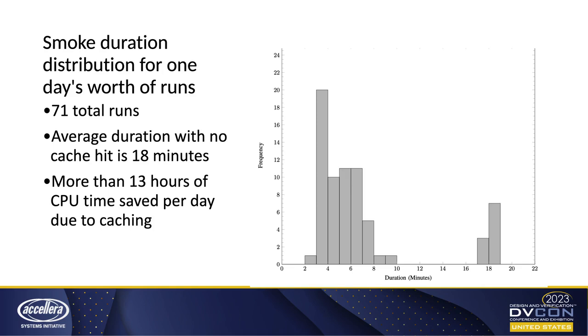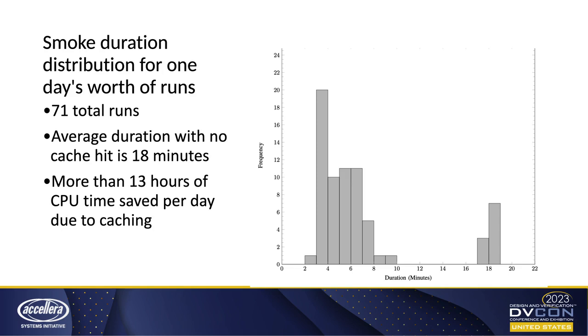Maybe someone was making a documentation change or similar. Most of the time, it's in the middle, where someone maybe affects one test bench, or possibly two if you have like a unit test bench and an integration test bench. And that's why most of the smoke times are towards the left here in the middle.